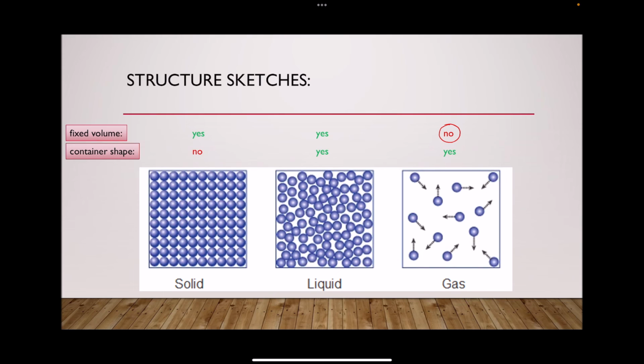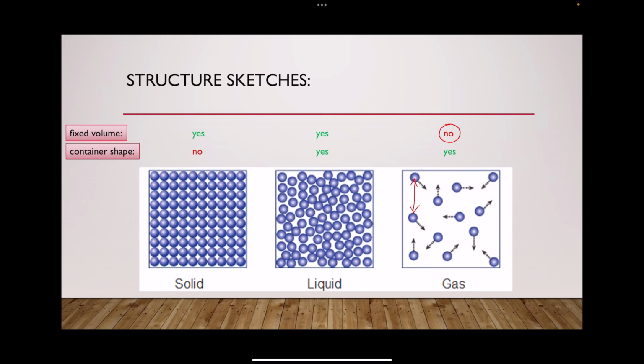And the reason for this is the huge distances between gas particles. As you can see, between gas particles we have huge gaps that are not existing in the liquid and solid state of matter. And that's why if we create an outward pressure on a gas, we can make the gas particles move closer together and thus decrease the volume of a gas.